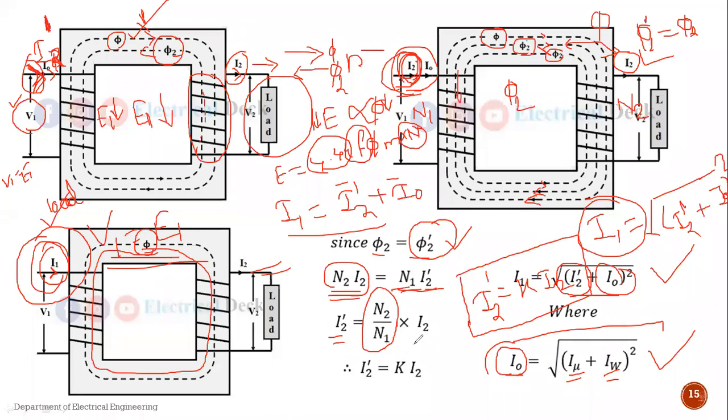N2 divided by N1 is nothing but K. So I2 dash is equal to K into I2, that means transformation ratio into current I2. Okay, so this equation is important while solving a problem.